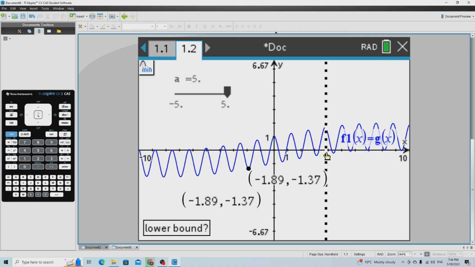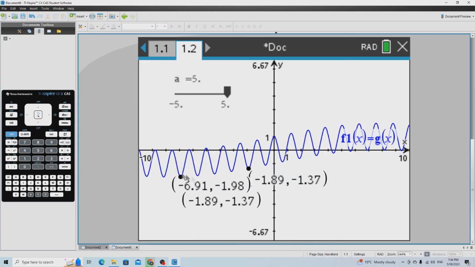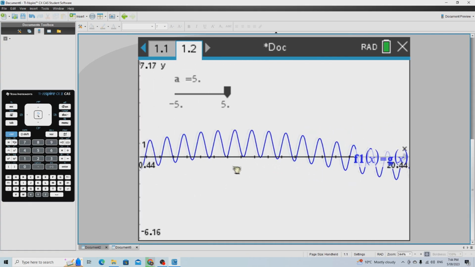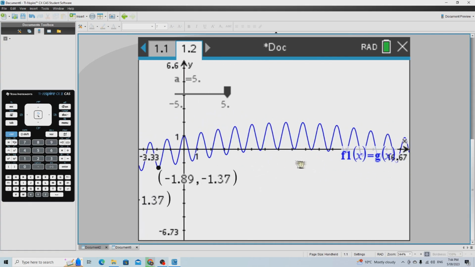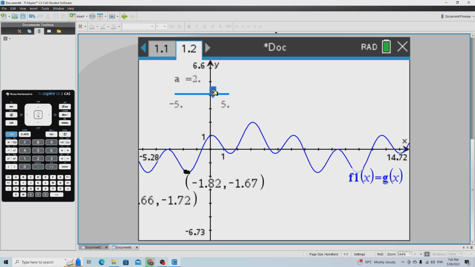Find the greatest possible, so we want the highest possible minimum value of g of a. So it's -1. This is not high. Here it's nonsense.